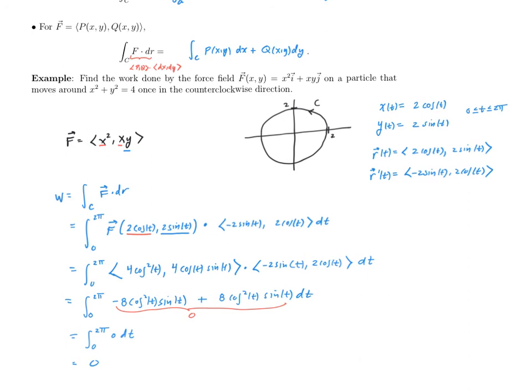And in this case, I would like to make an observation without any work, is that F, the force field, is perpendicular to our curve C. And if F is perpendicular to the curve C, it does not help or hinder the motion.